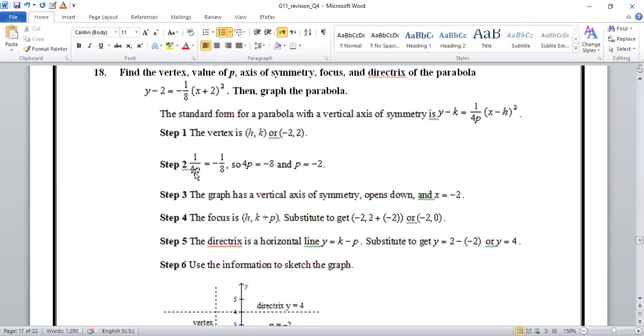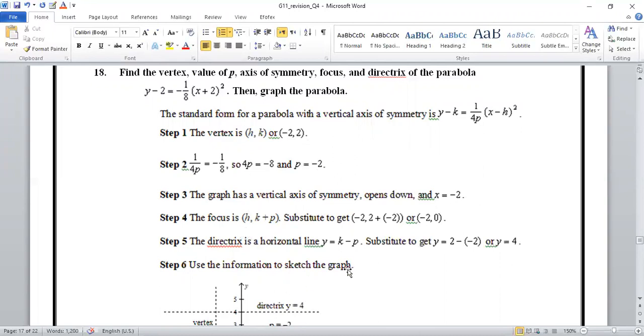Step 2, 1/4b equal -1/8. So by cross multiplication, 4b equal -8, b equal -2. The graph has a vertical axis of symmetry, opens down, and x equal -2.